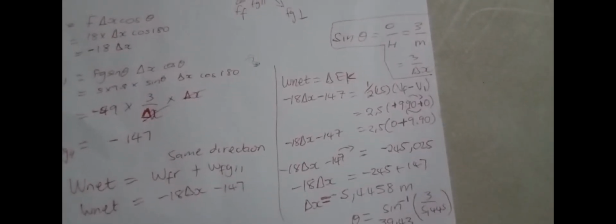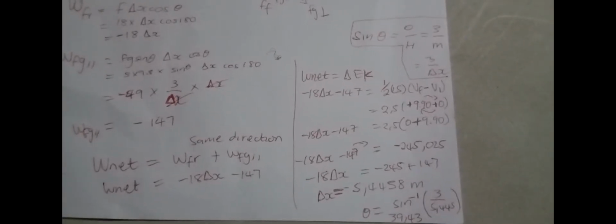Now remember, we are solving for x, so we take 147 to the other side and it becomes positive. Negative 18x equals negative 245.25 minus 147, and after finding the answer, we divide by negative 18, which gives us 5.4458 meters. I'm not rounding it off to 2 decimals because we are not yet done with the answer.